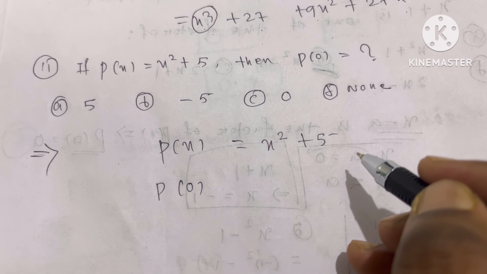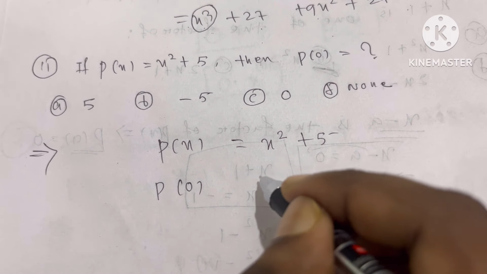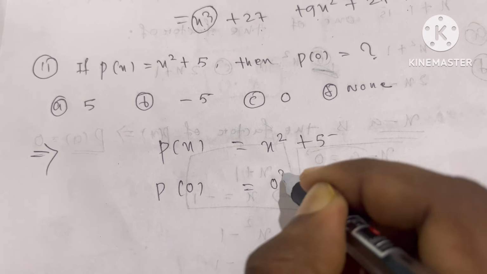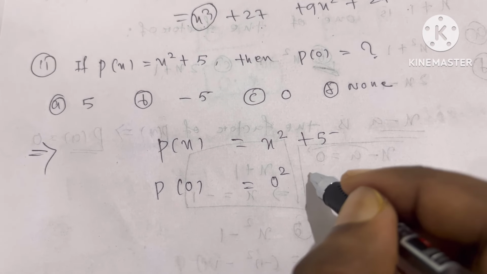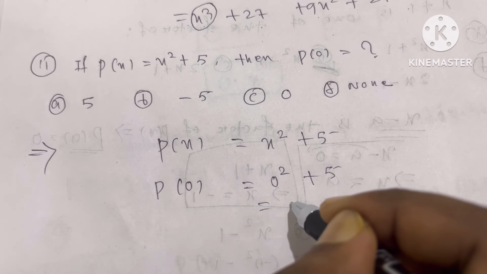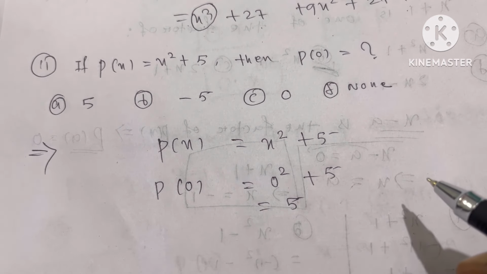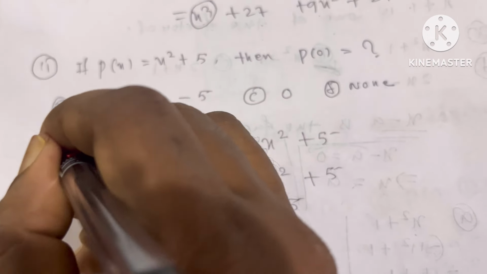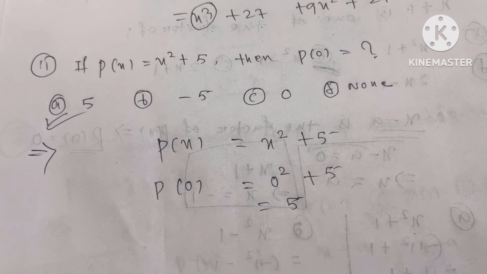So 0 square plus 5, 0 square is 0, so 0 plus 5, the answer will be 5. Option A is correct.